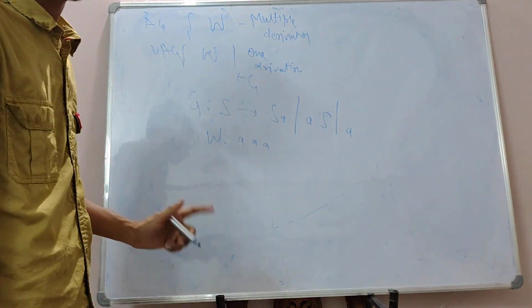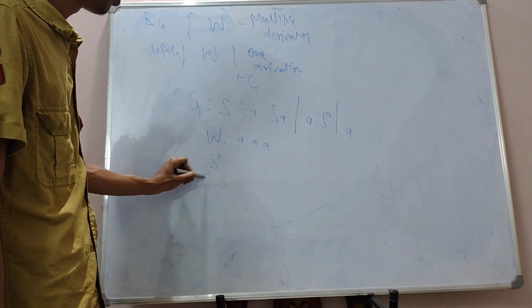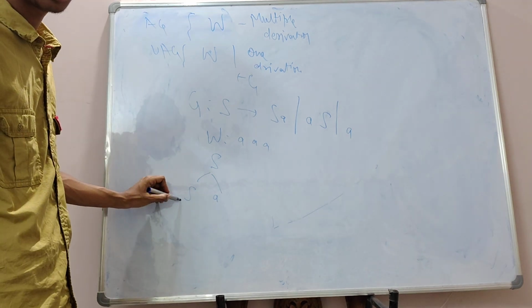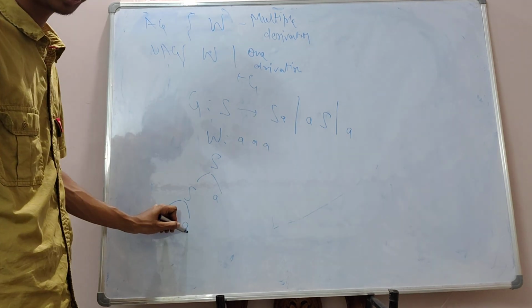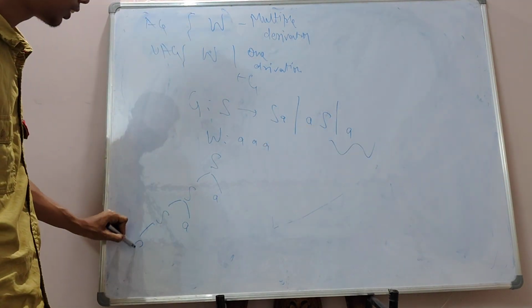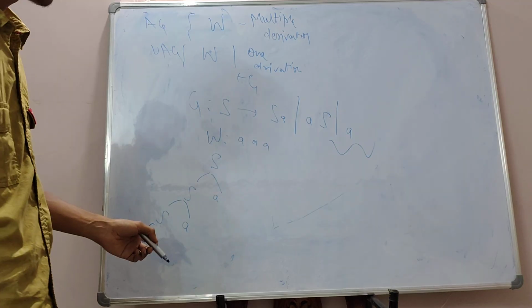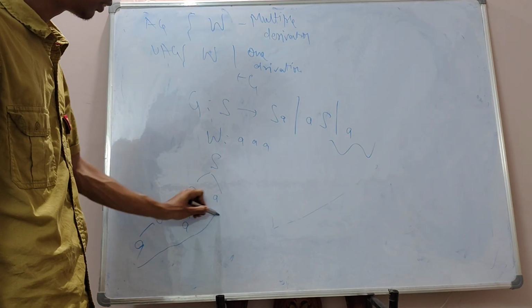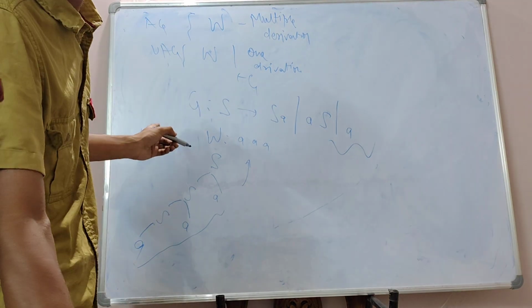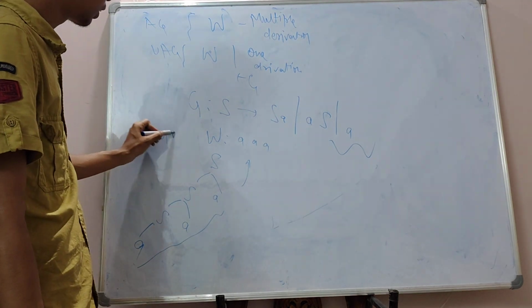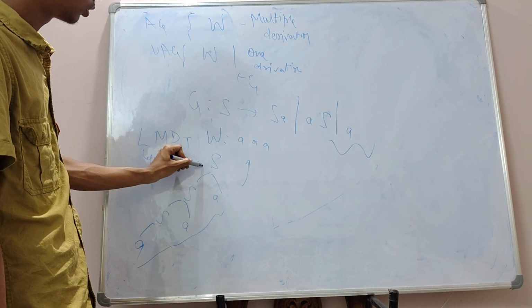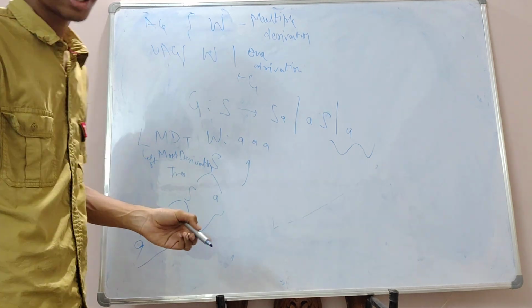The derivation can be given as S goes to SA, and then in that S I can insert SA, and here for termination I will insert A. So I can get AAA, and this is a leftmost derivation tree.